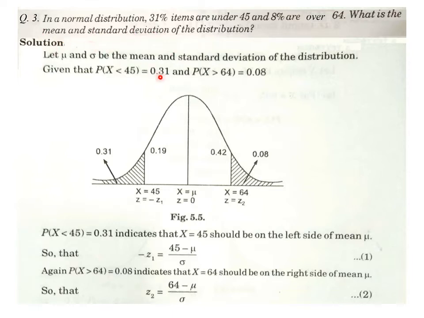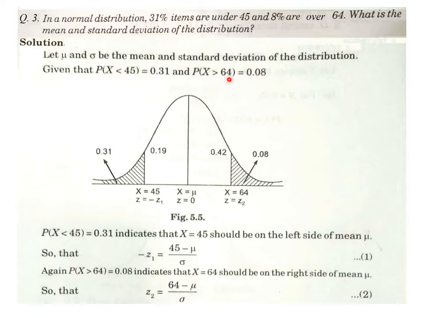Now using those two results we make a diagram as usual. Diagrams are always required for solving any problem of normal distribution. The bell shaped curve is symmetric with respect to the line x equals mu, z equals 0. For x less than 45, the area before x equals 45 is 0.31, and the whole left hand side is 0.5, so the remaining area is 0.19.